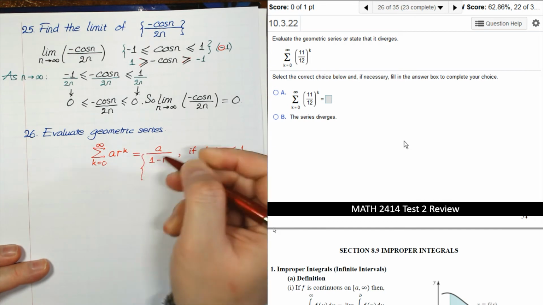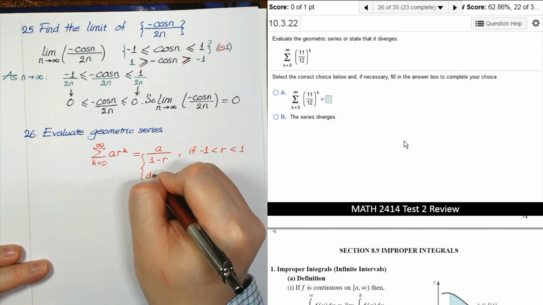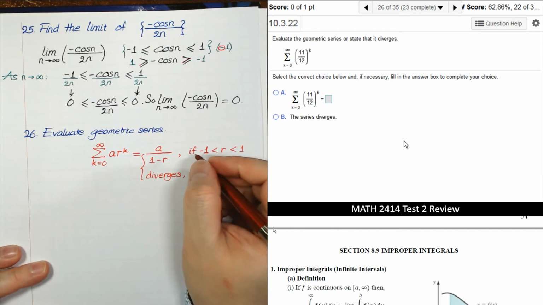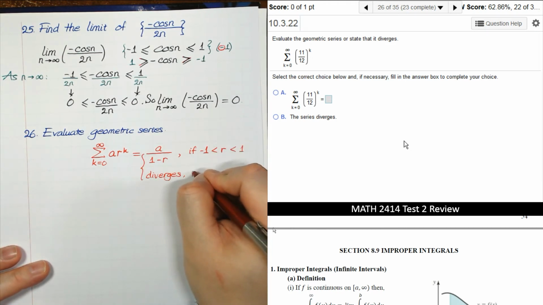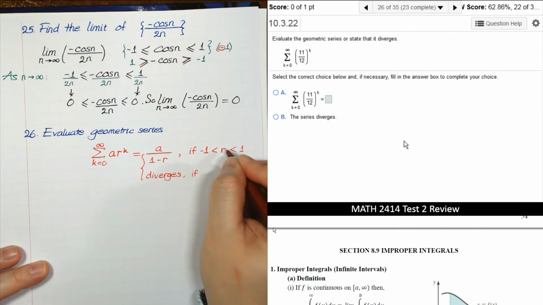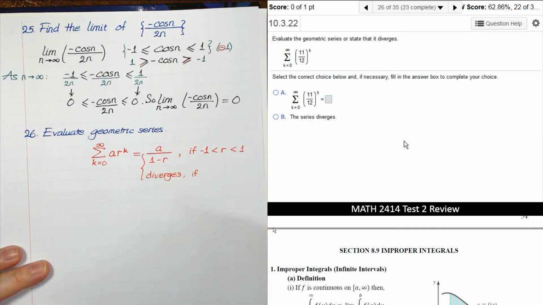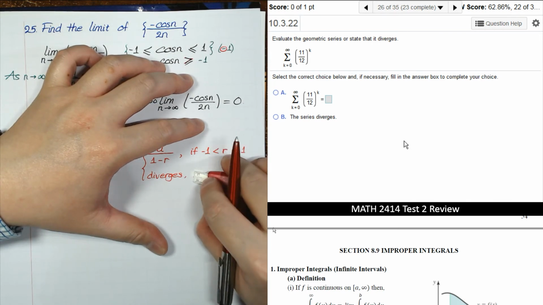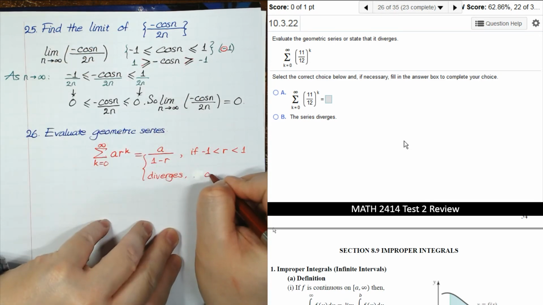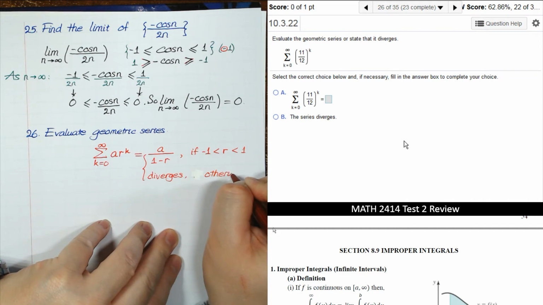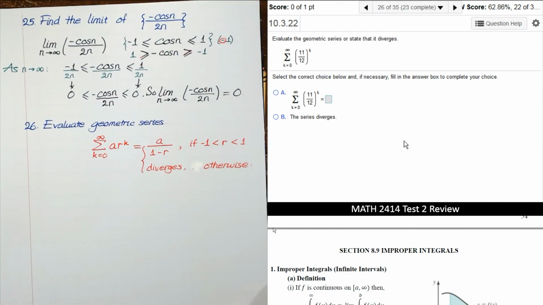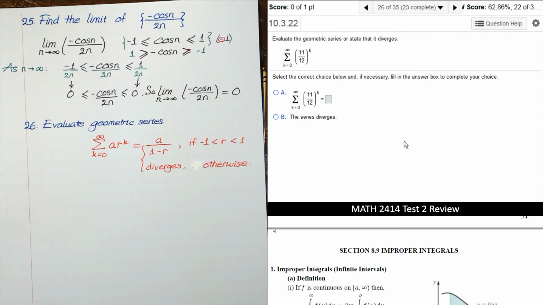And this one is divergent if r is not between here, or usually we just say otherwise. Right, so that is the geometric series.